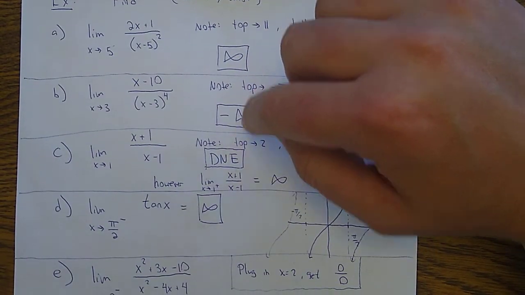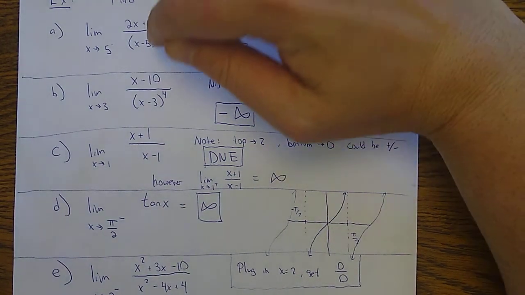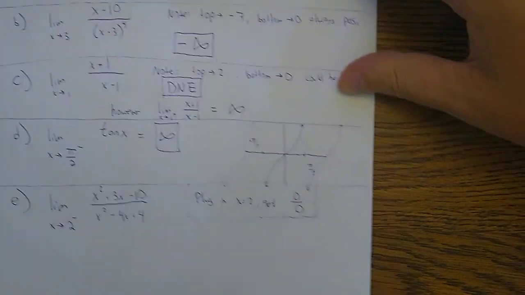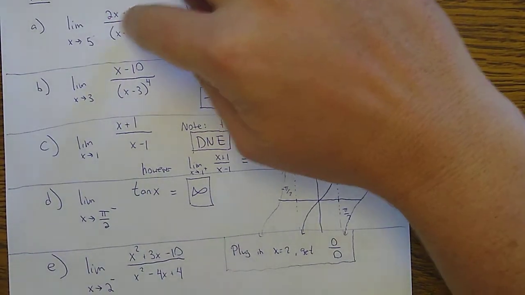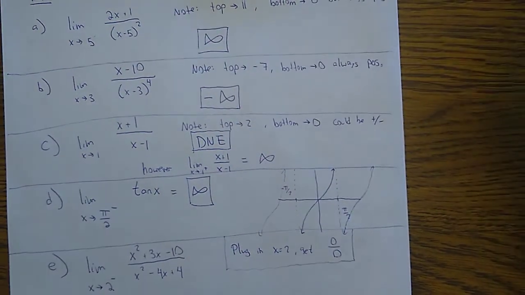Either it's going to be infinity, or negative infinity, or it's going to not exist. Those are the only 3 possibilities. And the way you handle that is you try to figure out whether this 0 in the bottom is always positive or always negative, or whether it could be either one. And that tells you all you need to know.